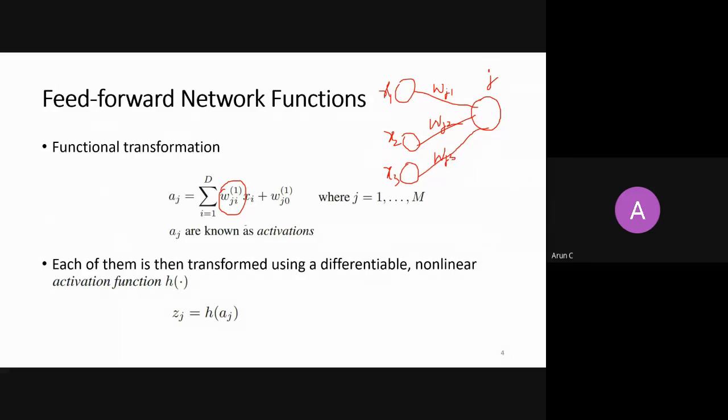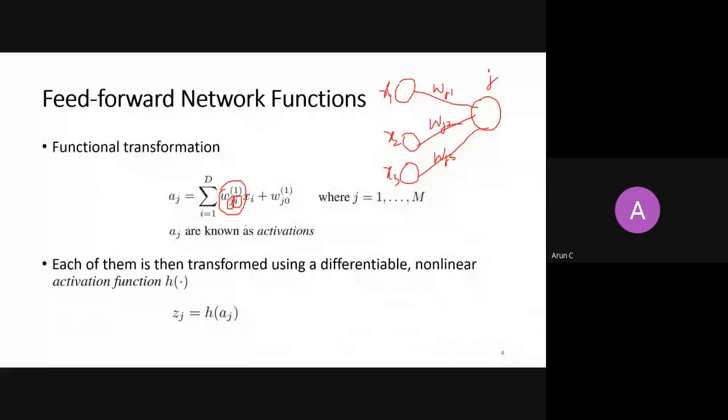The first index, j, tells you exactly where you are going, and the second index tells you what your input is. So wji means that I am talking about my jth node right now, and all the inputs coming from the previous layer can be denoted by i. So it will be w1j, w2j, w3j, right? This is how you can see it.